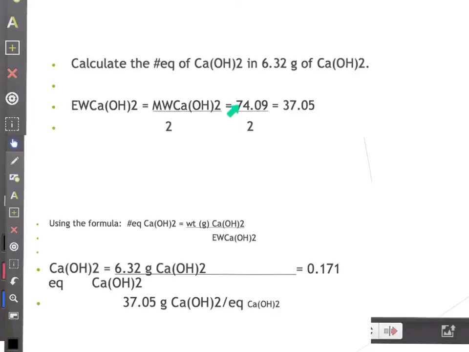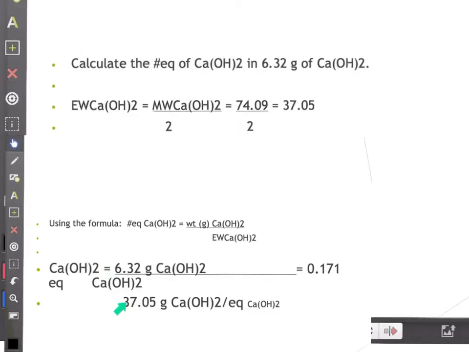So the mass of calcium hydroxide from the periodic table is 74.09. We divide that by 2 since 2 hydroxides are present, and we get 37.05. Now this will be our equivalent mass. We will take our mass stated in the problem as 6.32 grams.